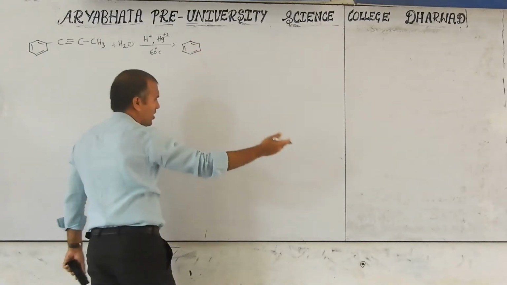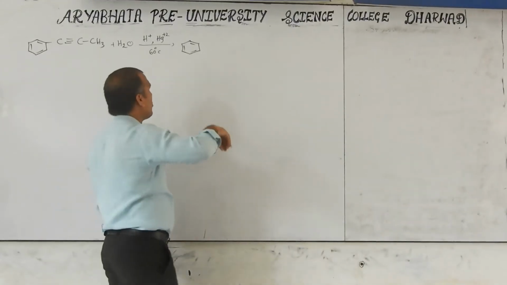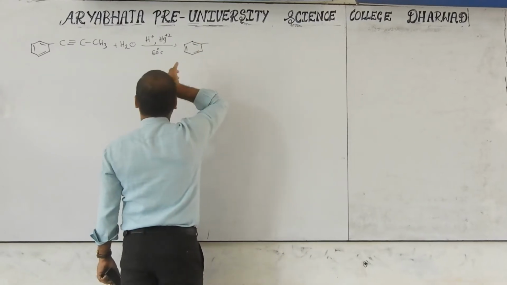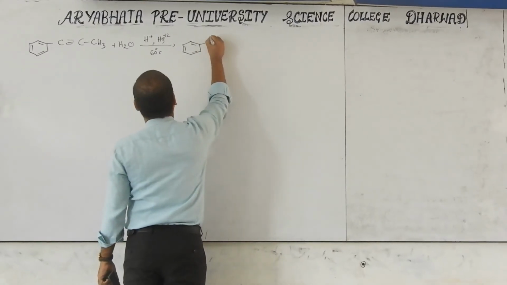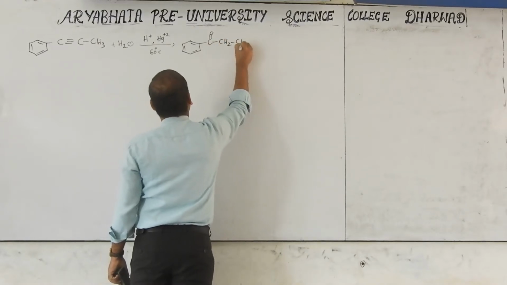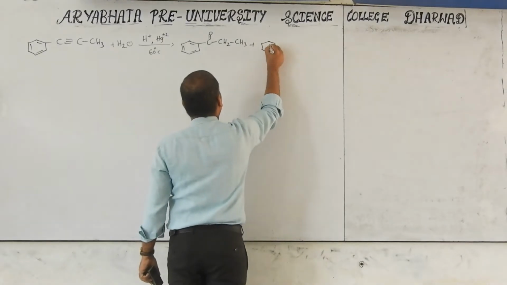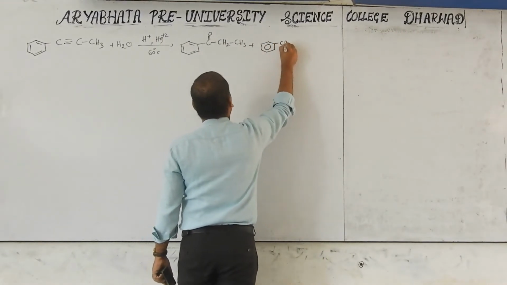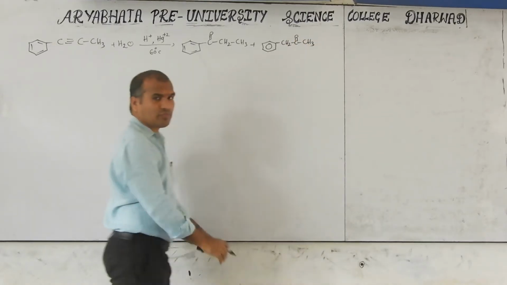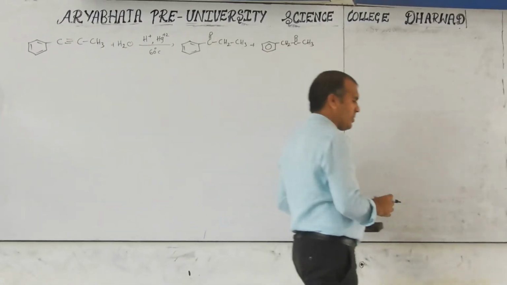I hope two products, as already shown here. Both are in equal amounts. Here also, equal amount or not, you have to judge. This is a question I am giving. I am writing the product, but you have to write the answer. I already explained the concept.